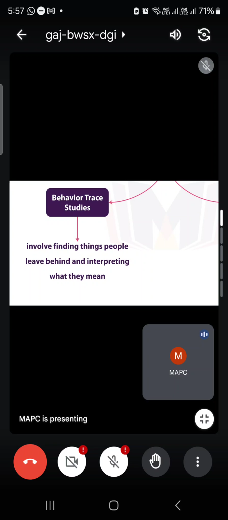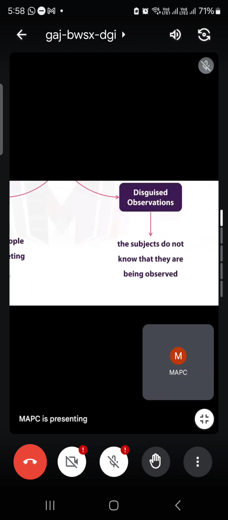Once the party is over, how is that hall or that place you are leaving, whether you are cleaning it or not, whether things are arranged properly or not. All those things will be observed, and this is nothing but the behavior trace studies, and based on this the interpretation is done.